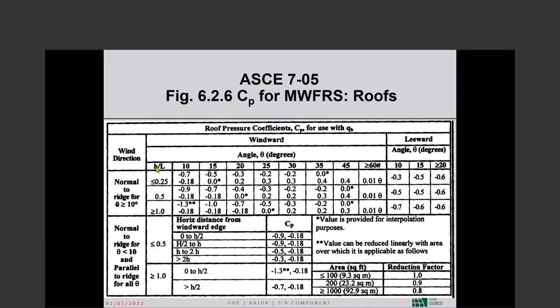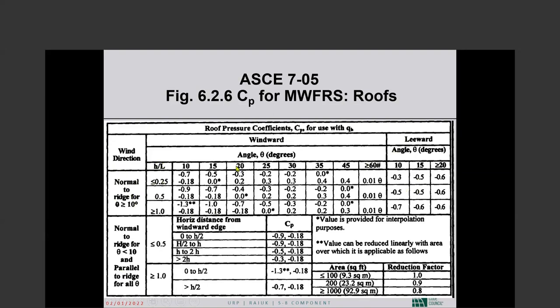This is mean roof height to plan dimension parallel to the wind, H over L ratio. Okay, and for wind normal to the ridge, this is the windward roof, this is the leeward roof.